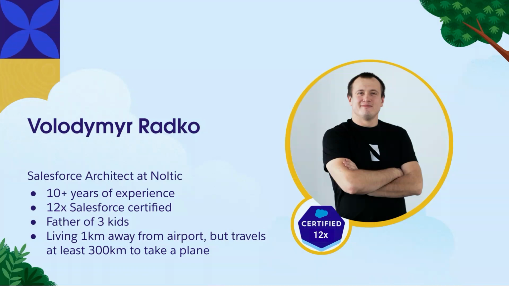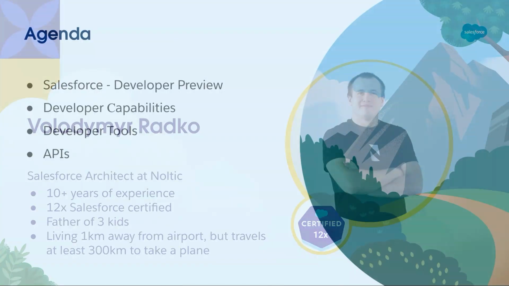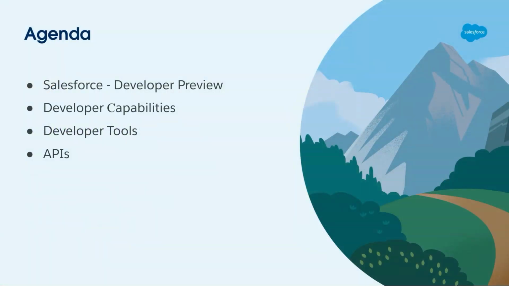So yeah, let's actually start with our agenda. First of all, we will take a look at what is Salesforce from the developer's perspective, how it is designed and what it's capable of. Then we will take a look at developer capabilities, what you can actually use as programming languages, as customization, how you basically can build the app inside of Salesforce.